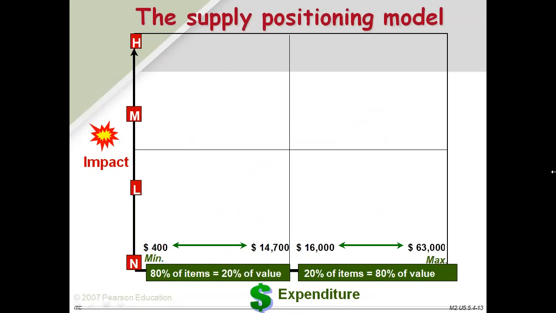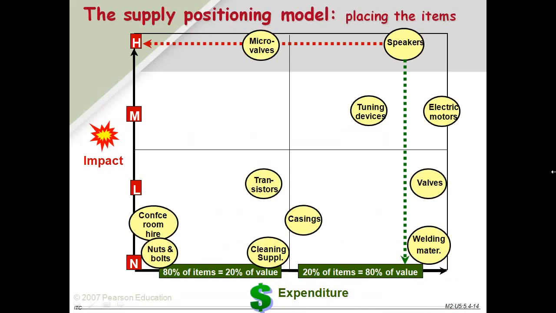Is it a leverage item? Is it a routine item? Is it a core item? Then based on that, he tried to advise which way to go. Like speakers: in a company making radios, they are high value items, and the impact is also very high. So naturally the focus would be on speakers and tuning devices.